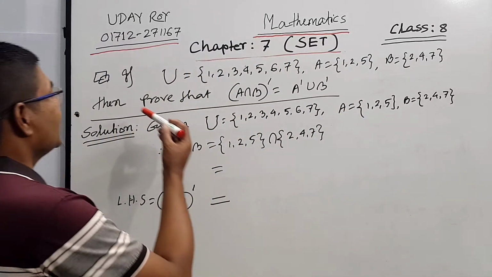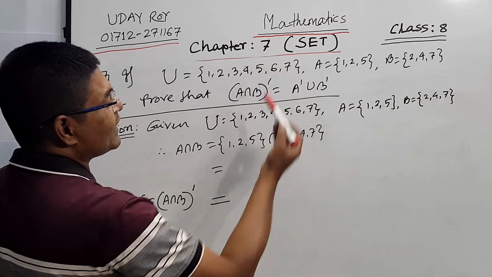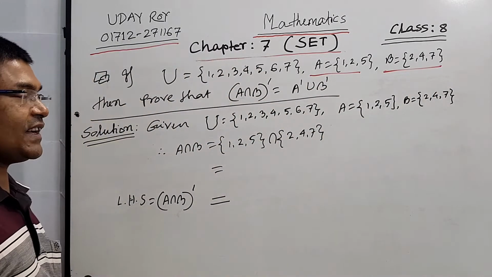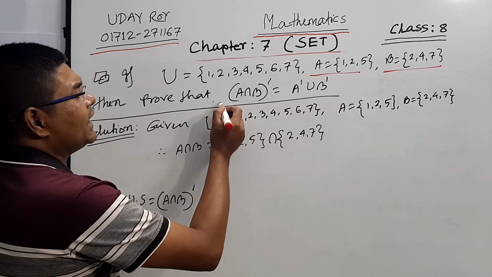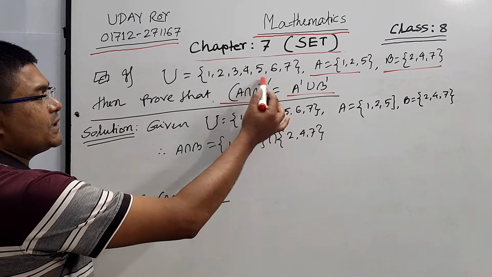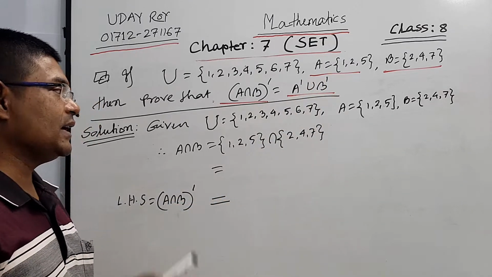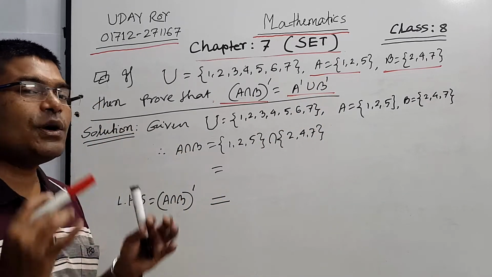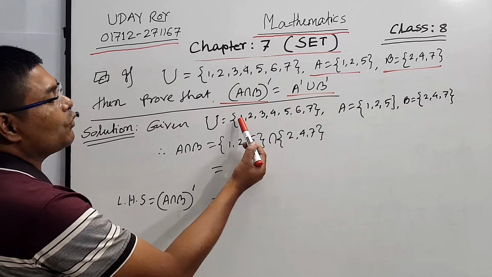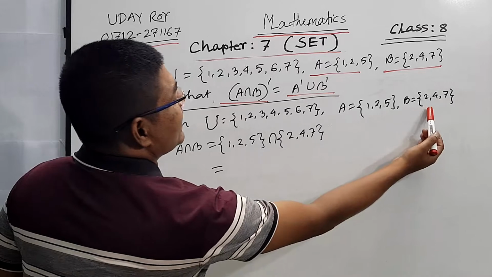If universal set equal to 1, 2, 3, 4, 5, 6, 7 and A equal 1, 2, 5, B equal 2, 4, 7, prove that this side equals this side: complement of A intersection B equals complement of A union complement of B. At first you have to write the given part: universal set equal to 1, 2, 3, 4, 5, 6 and 7, A equal this and B equal this.